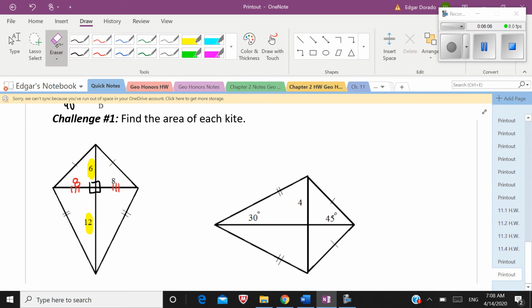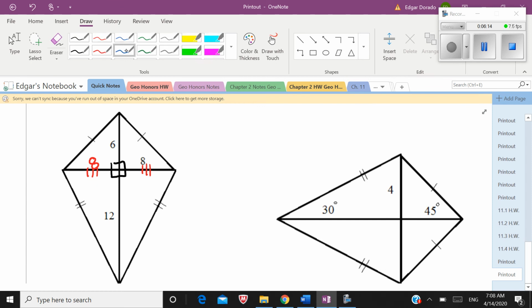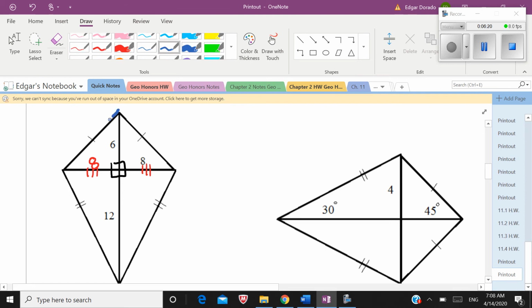Okay, so now what? Well, guys, don't overthink it. Even though you don't have a formula for kites yet, what do you have at your disposal? Hopefully you notice that, hey, that's a triangle. I actually have a base, and do you see how this is perpendicular to that base?